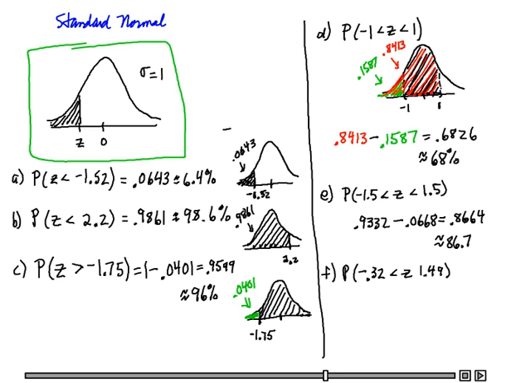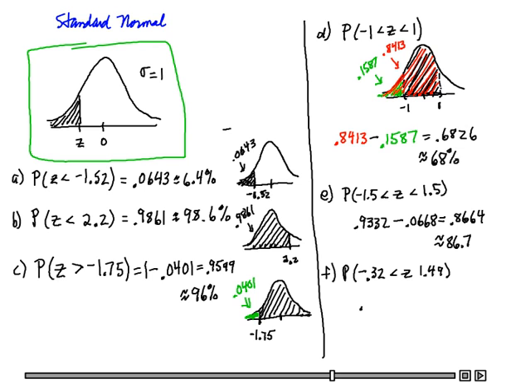Again, it's going to be pretty much the same as the last two. I'll have to look up the 1.49 first, and that would be over there on the positive z, page 2, row 1.4, but across to column 0.09.